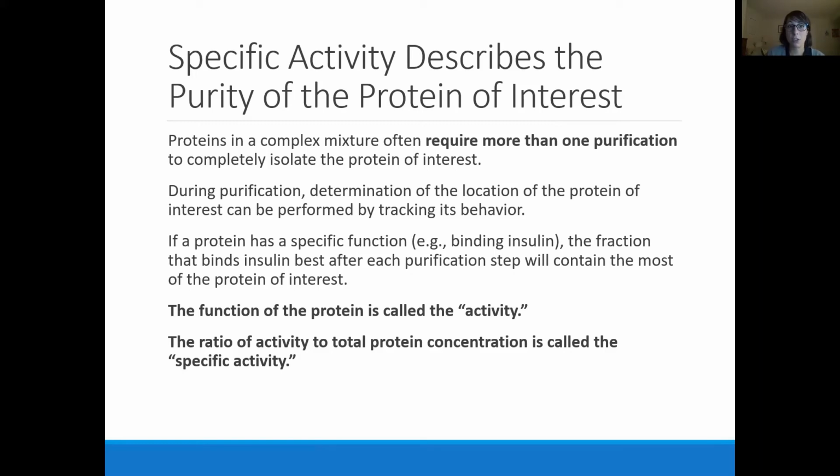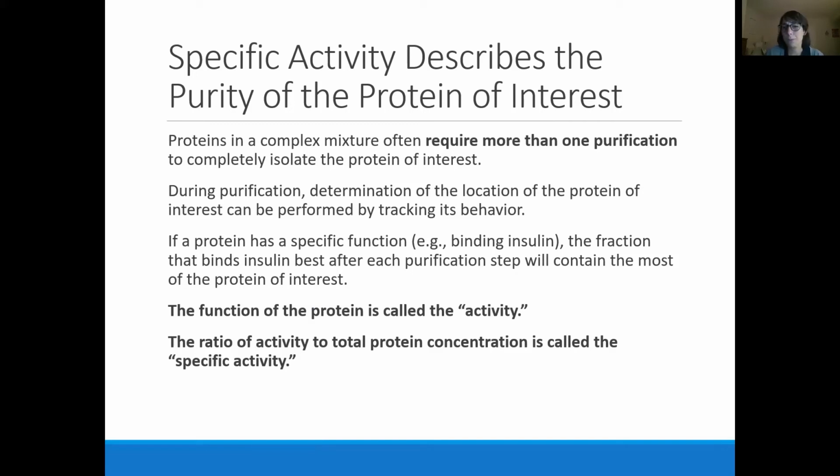During purification, determination of the location of the protein of interest can be performed by tracking its behavior. What I mean by this is you can make sure that as you are isolating and doing these experiments, you still have that protein there by checking how active it is.